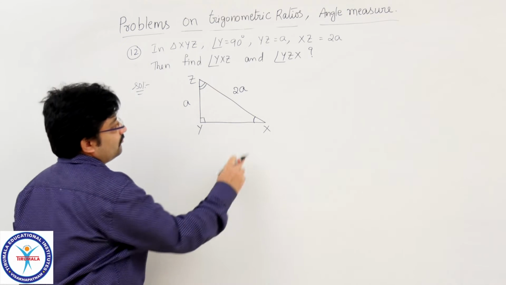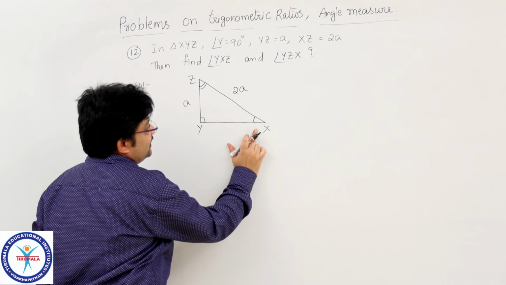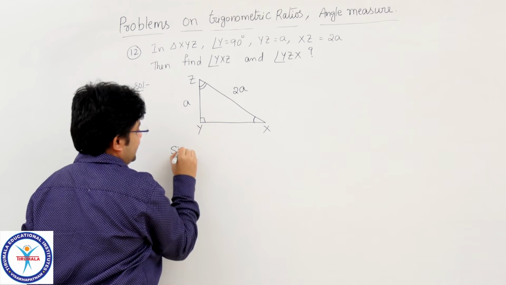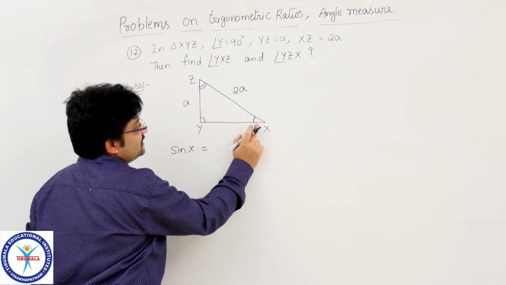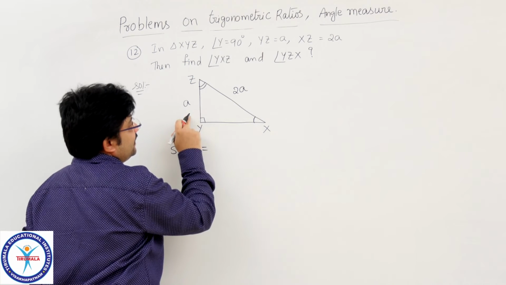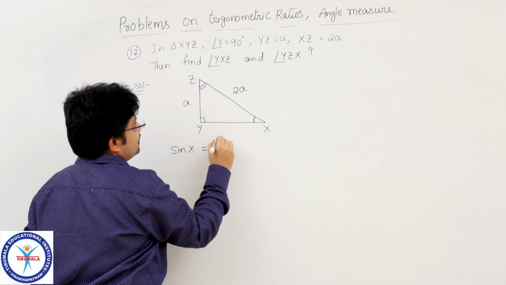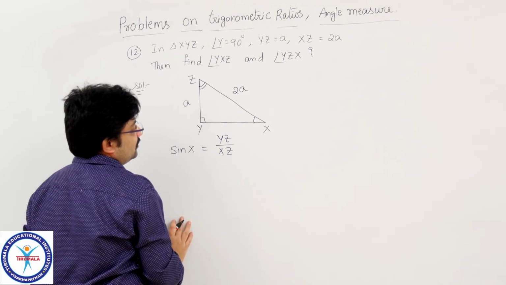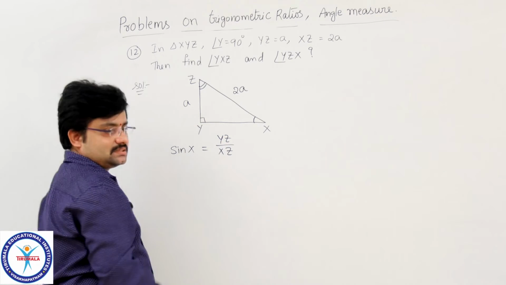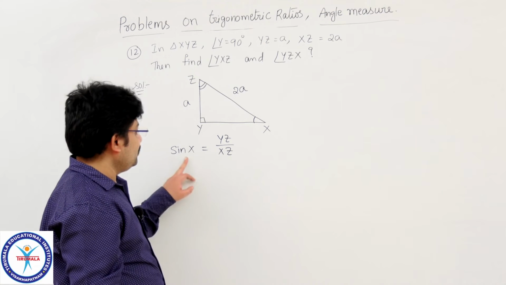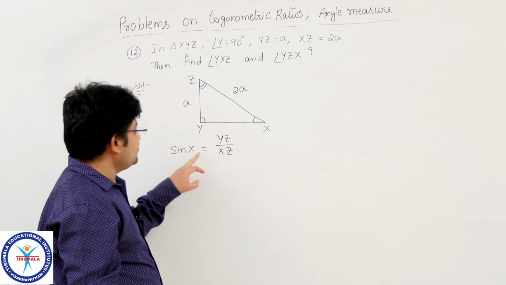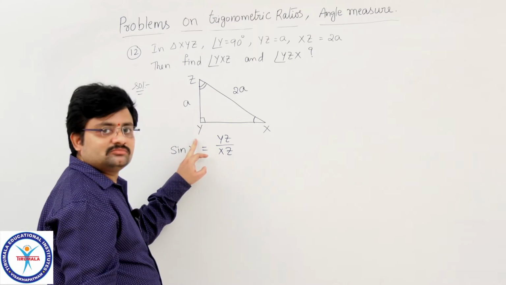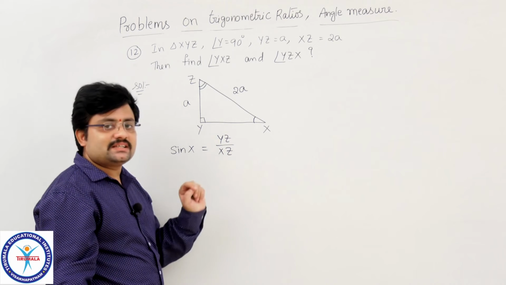Now here if we take sin X, what is sin θ? Opposite side by hypotenuse, that means YZ by XZ. So here you have three quantities, that means we need to find the angle. This is the unknown quantity. Then we have to know the other two quantities.